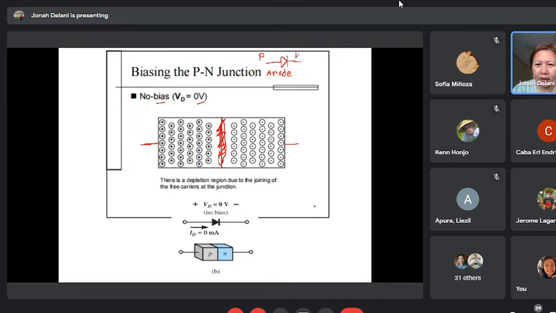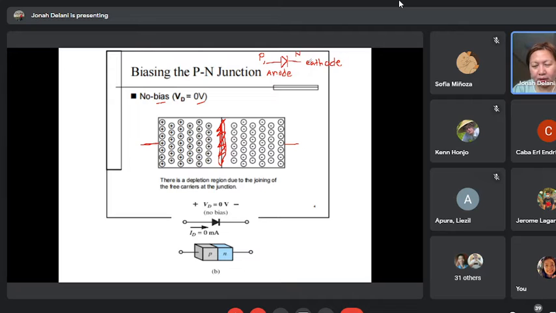The N-type material, N, is called the cathode. And we would know that this side is the anode. Looking at it, the slanted A part is the P-type material, and that is the anode.